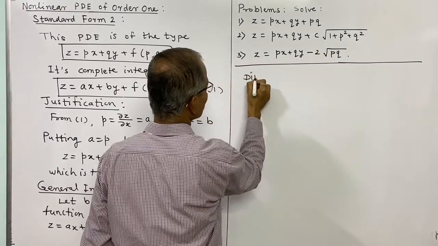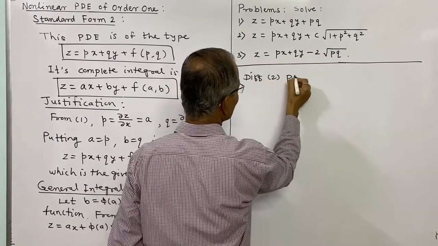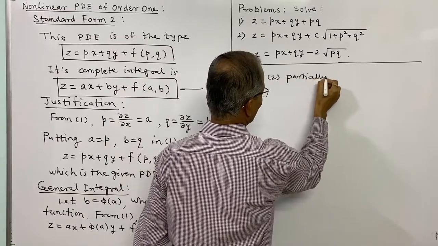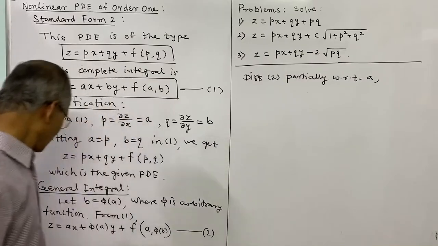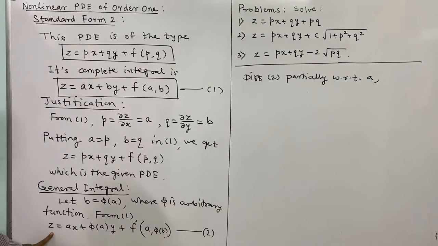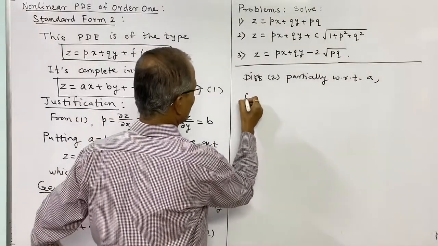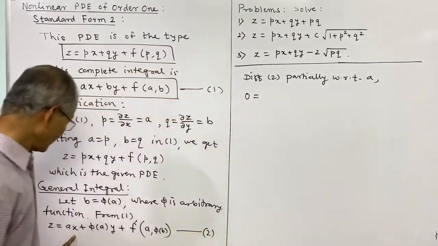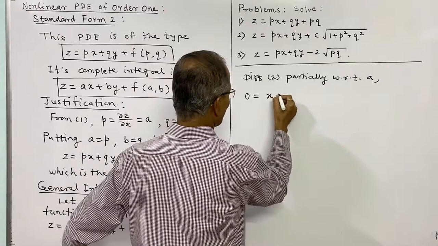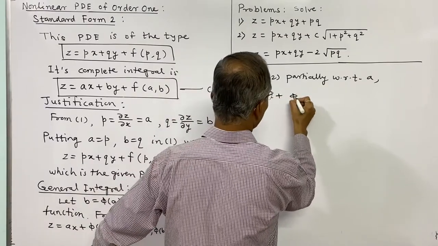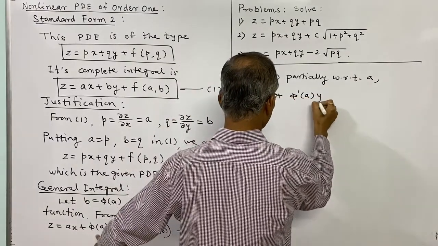Differentiate partially with respect to a. And what we shall get is the partial derivative of z with respect to a is 0, the partial derivative of a into x with respect to a, that is x, plus this is phi dash of a into y.